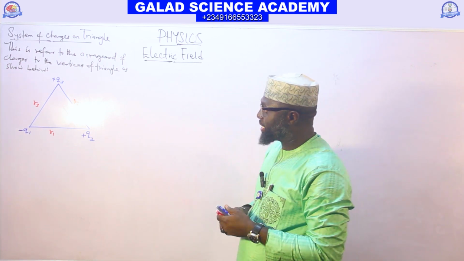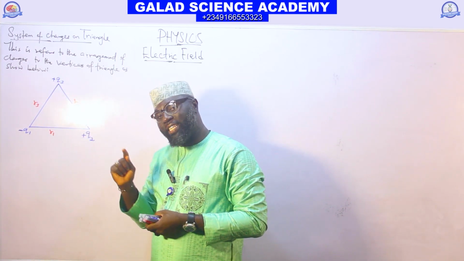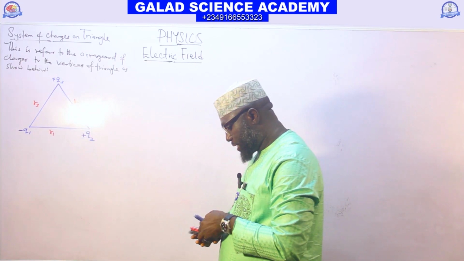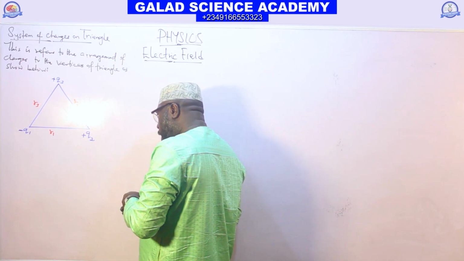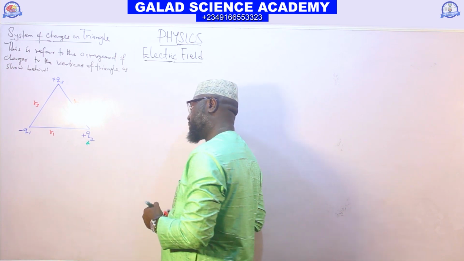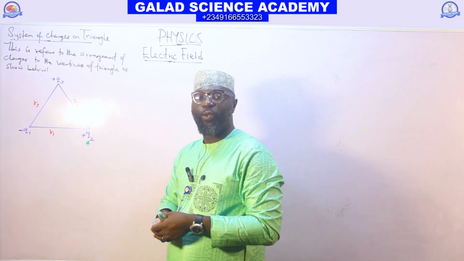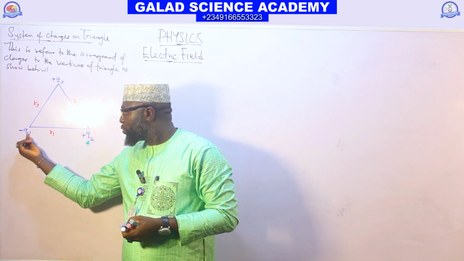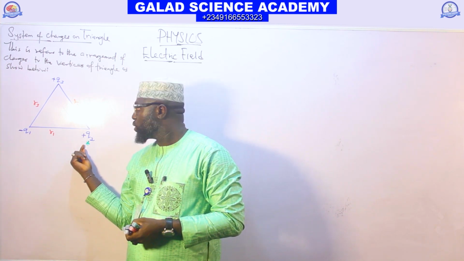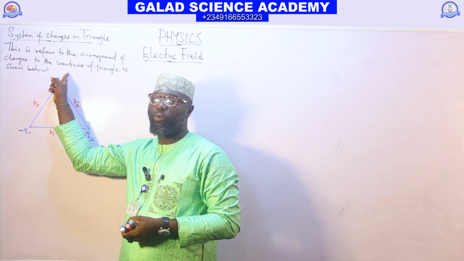If you are now asked to find the net force on this Q2, what will you do? You will find the force that exists between Q1 and Q2, and the force that exists between Q2 and Q3.